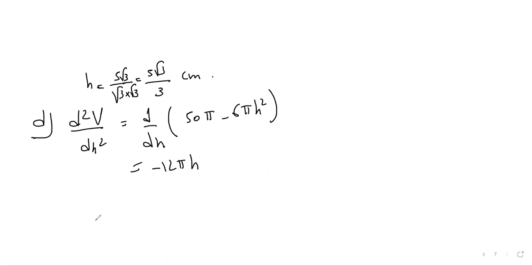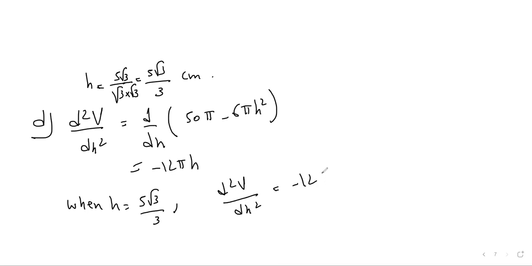So substituting h equal to 5 square root of 3 divided by 3, d squared V by dh squared is equal to negative 12 pi times 5 square root of 3 divided by 3. So negative 12 divided by 3 is 4, so negative 20 pi square root of 3. And this is negative.